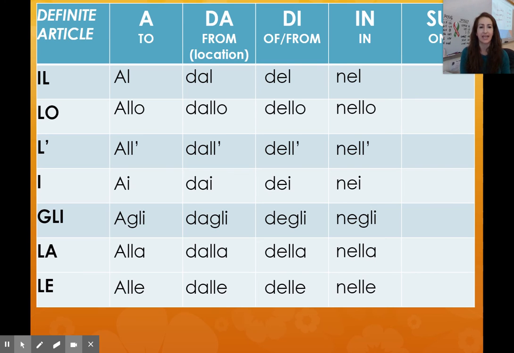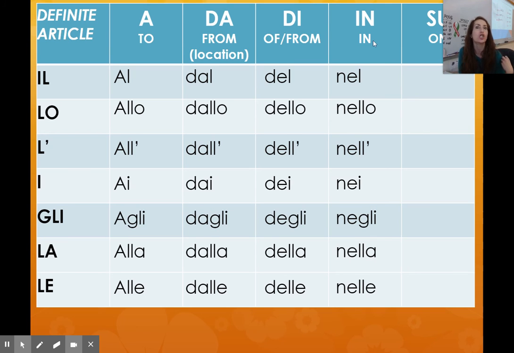If I wanted to say that I am the mother of the boy, il ragazzo or il figlio, I would say of, di and il, del. Okay, all right.